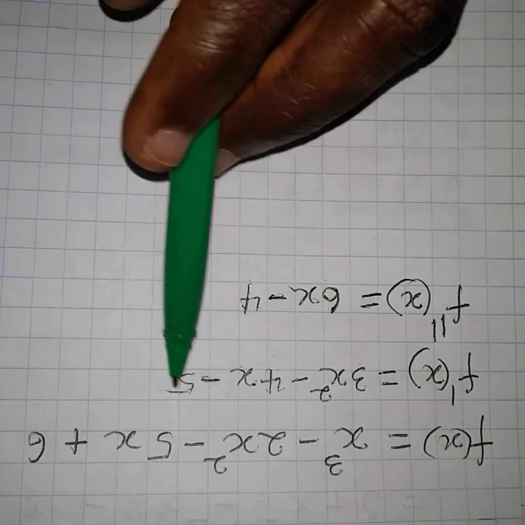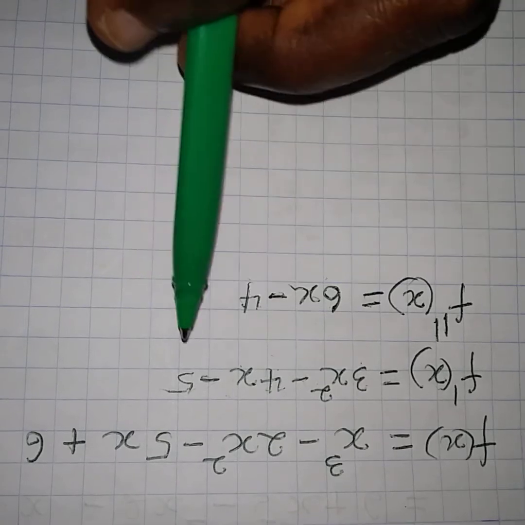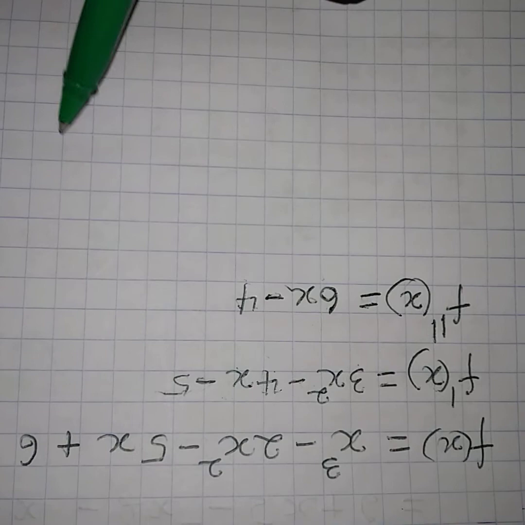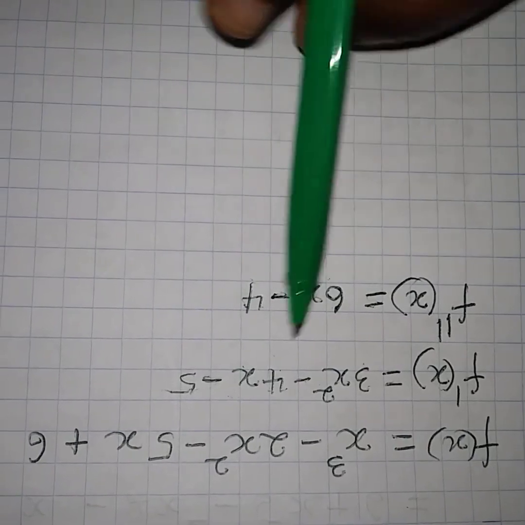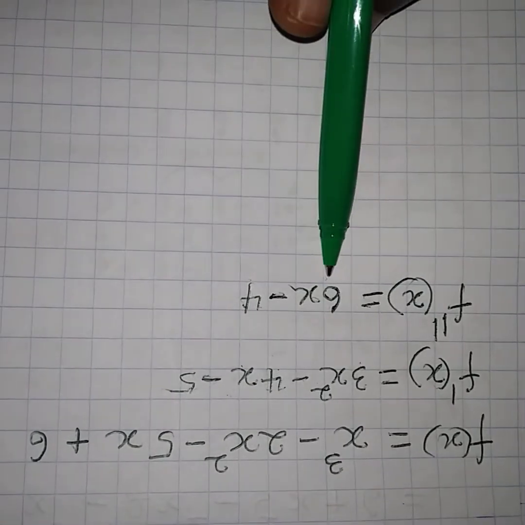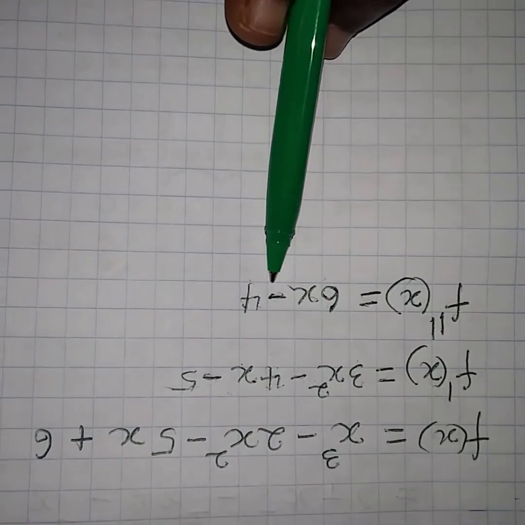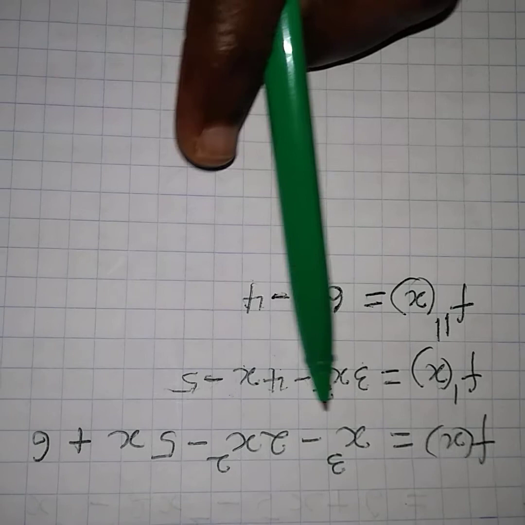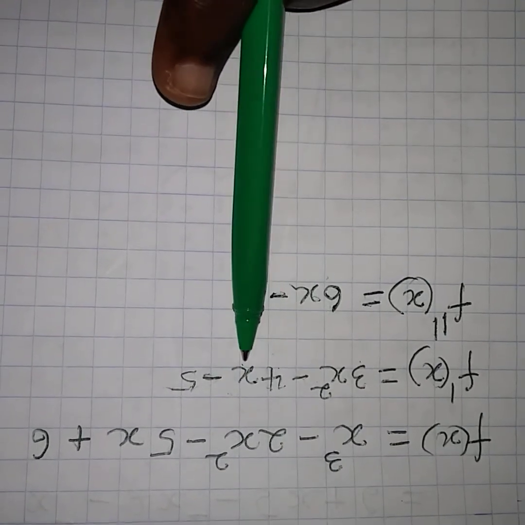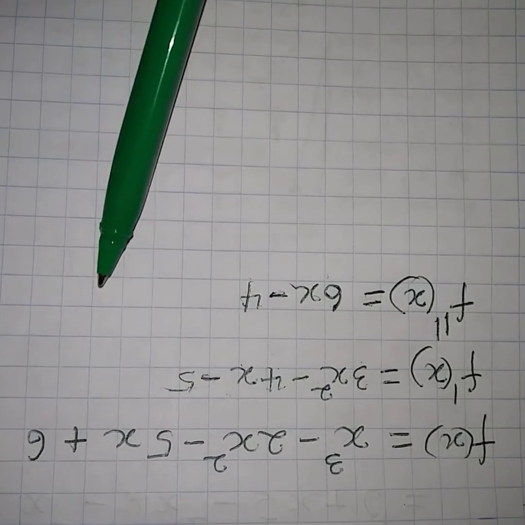Therefore, when we derive a constant, the result is 0. So the derivative of minus 5 is equal to 0. So the second derivative of this function here is 6x minus 4. And the first derivative of this function is 3x squared minus 4x minus 5.